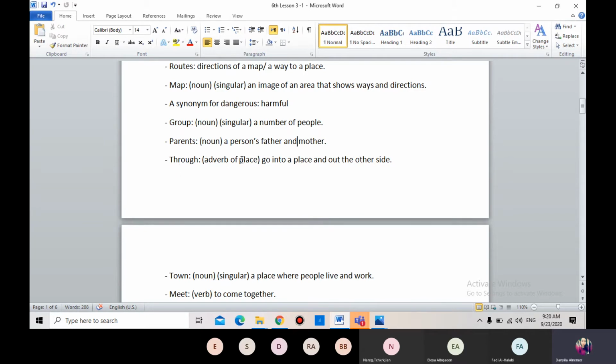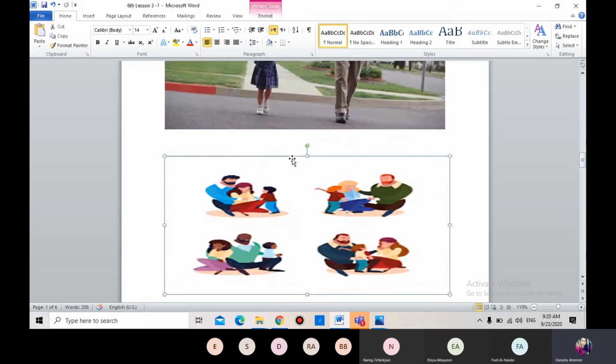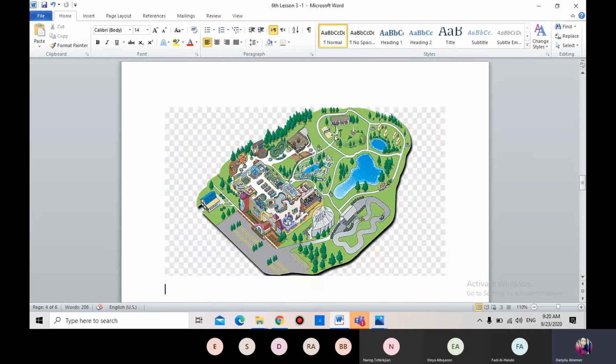It's an adverb of place. Go into a place and out of the other side. If we go to this park, starting from here, we will go in the train. I think it's a train. So we will go through the park and then out of it.